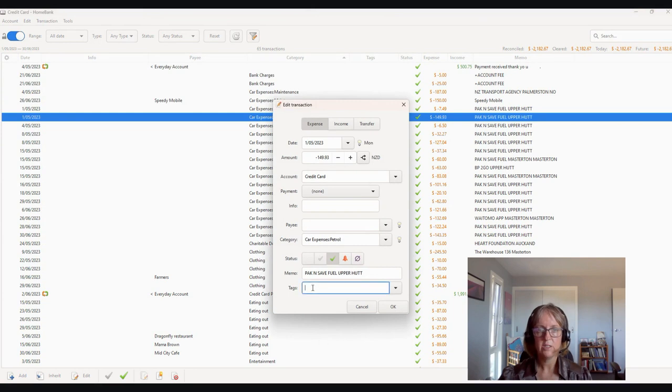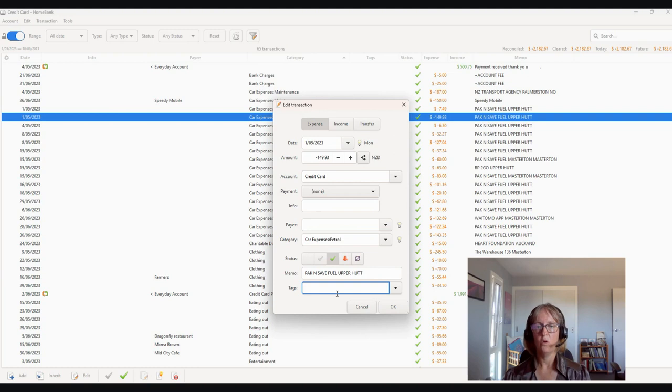You can see down in the tags, what you can do is in the tags or in the memo, you can put down the odometer reading on your car and how many litres of fuel you put into the car.